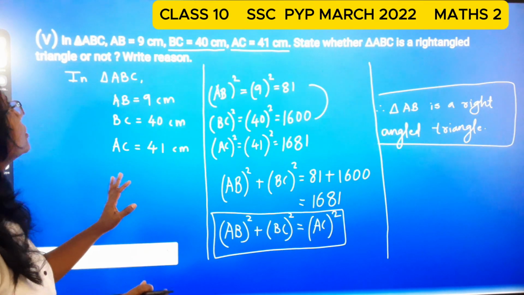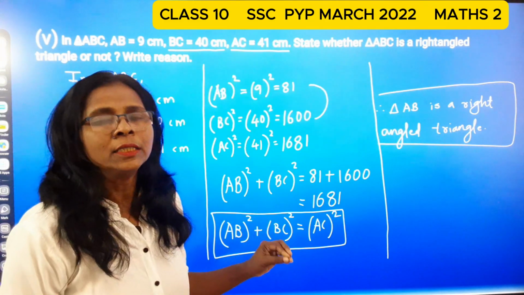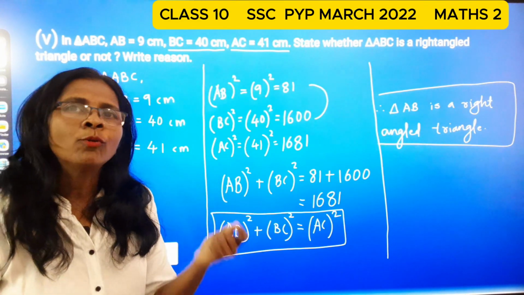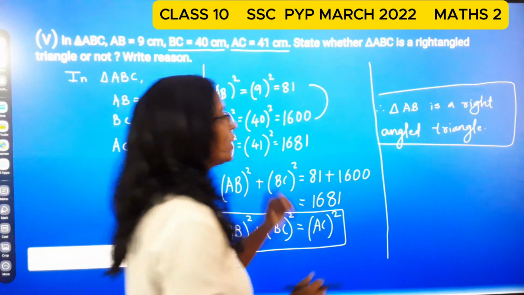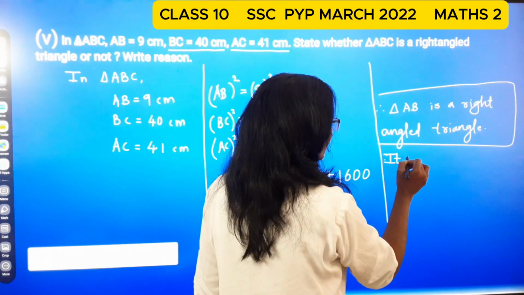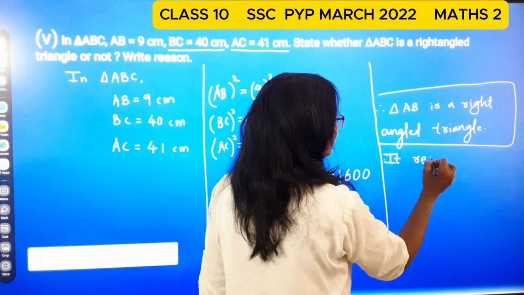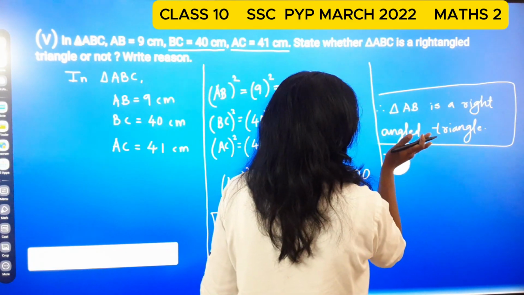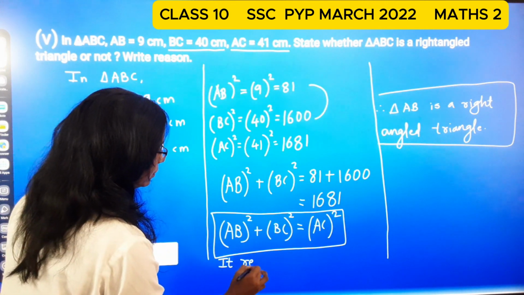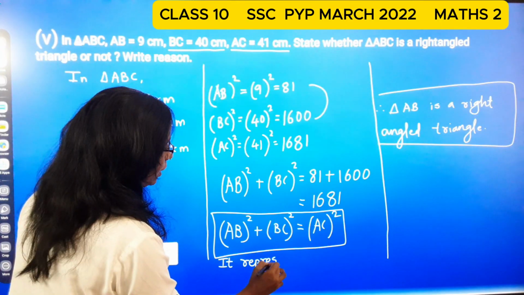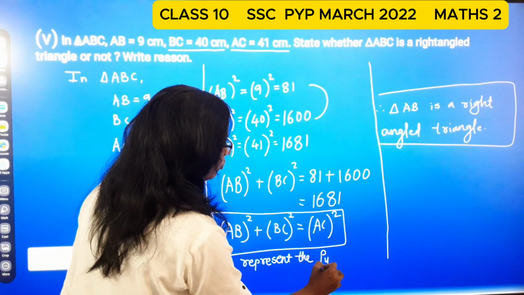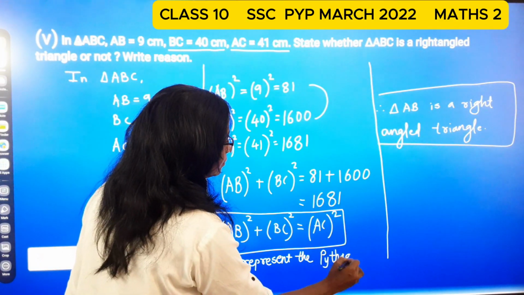Very easy, students, because it verifies the Pythagoras formula. The reason is that it represents the Pythagoras formula.